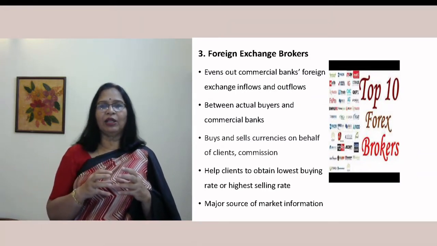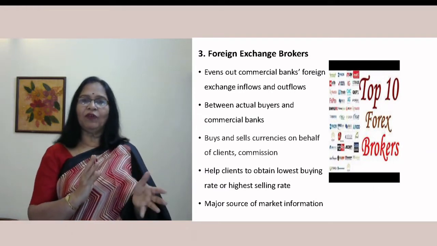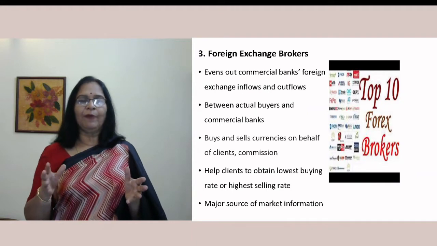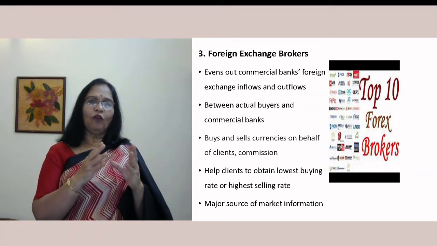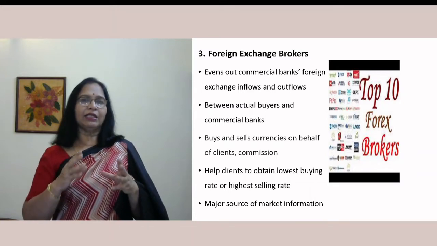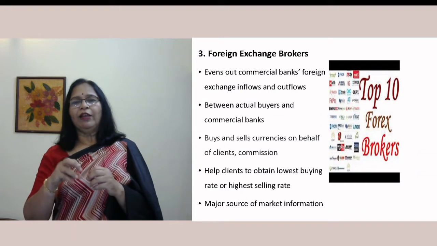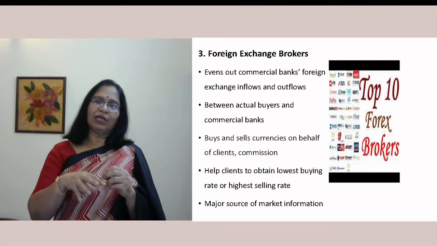What they do is act as a middleman between the buyer of a currency and the seller of a currency. So they have information on the market, the rates, the quotes, and if somebody needs a particular currency, they would buy it from this broker. If somebody wants to sell a currency, they would sell it to this broker.